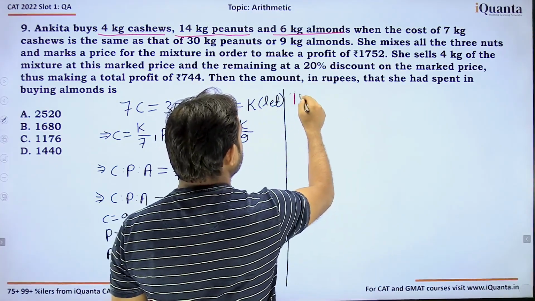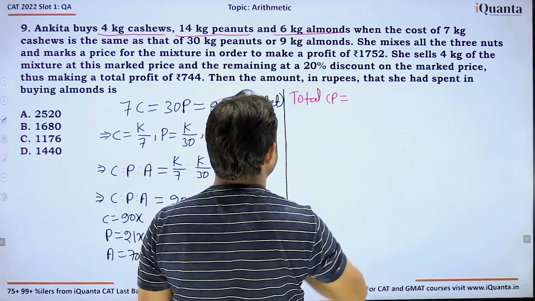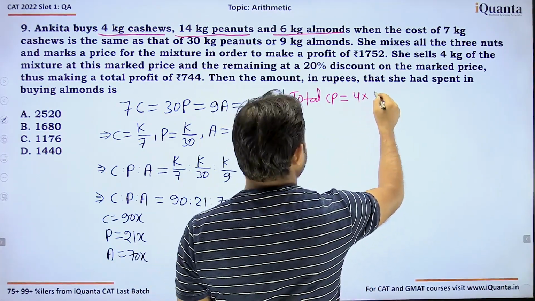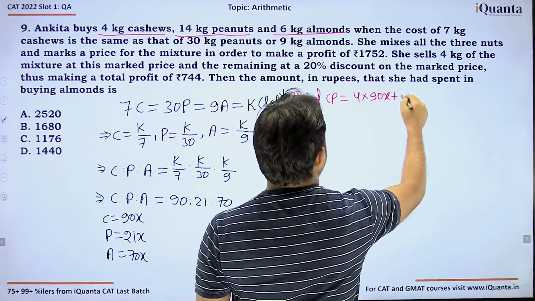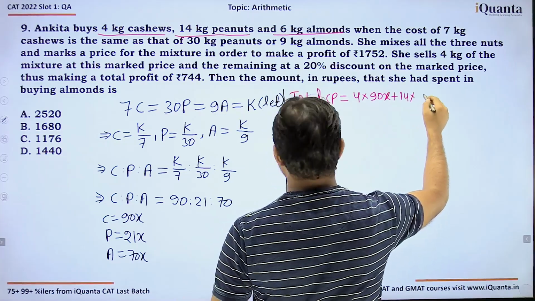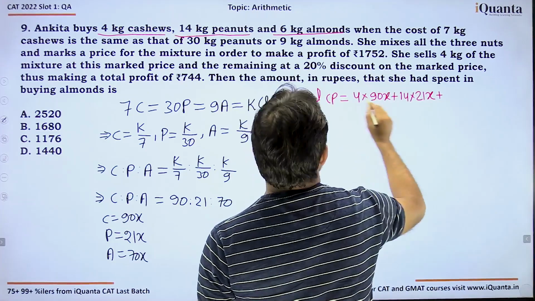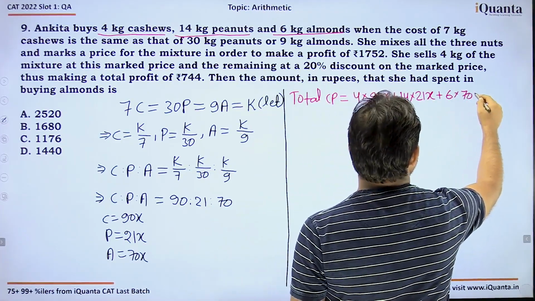Total cost price will be equal to 4 into 90x plus 14 into 21x plus 6 into 70x.